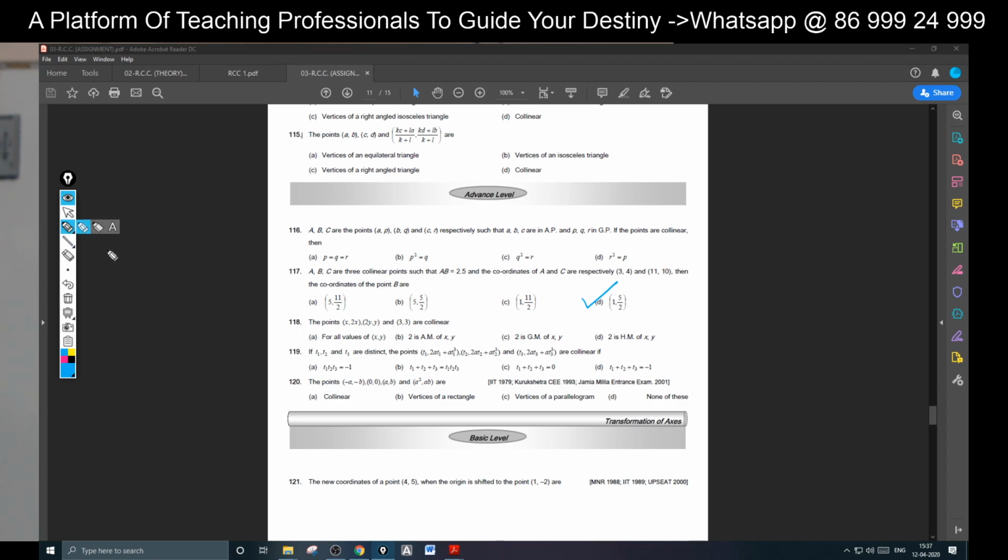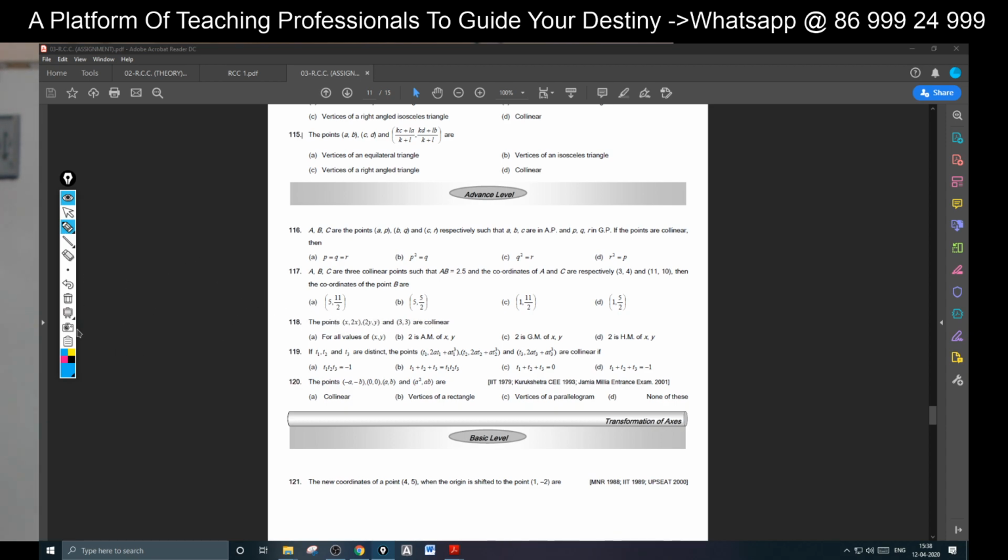Okay. Now this is the next question. The points (x, 2x), (2y, y), (3, 3) are collinear. If they are collinear, the area of the triangle becomes 0.